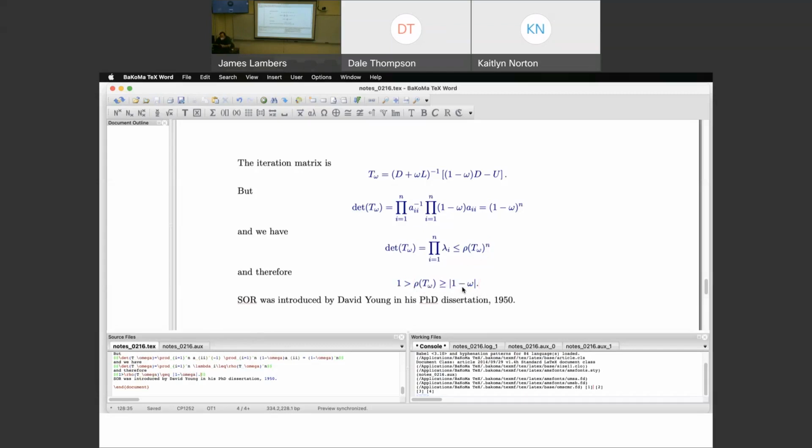Yeah, SOR was someone's PhD, which I guess today makes every numerical analysis PhD student feel like an underachieving schlub, including me.